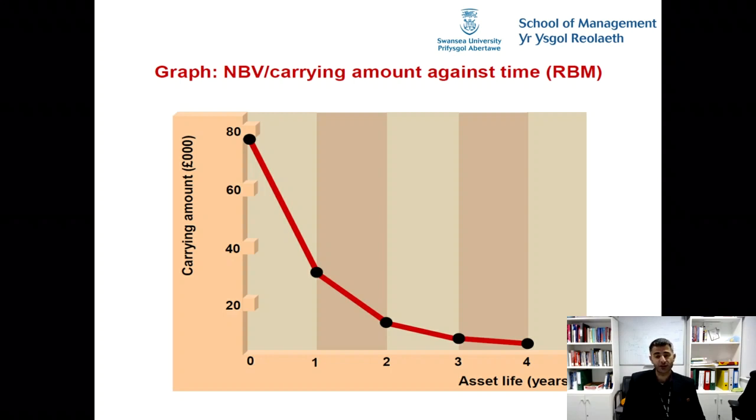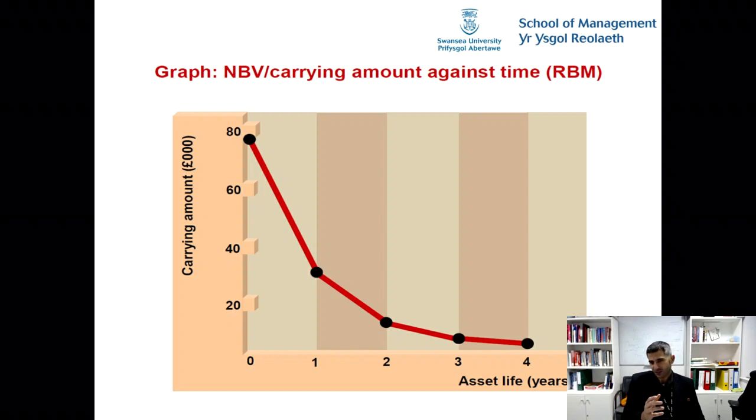The main difference is that in the reducing balance method, as you see, the highest depreciation will be in the early years, which is year one. Can you see in year one, it's the highest, isn't it? In year two, higher. And when it comes to year 3 and 4, it's the lowest.